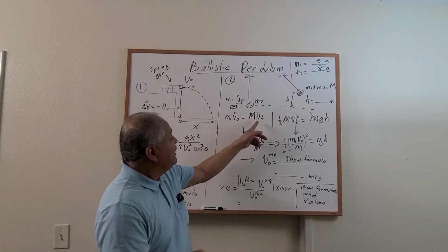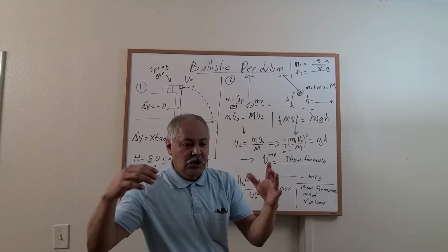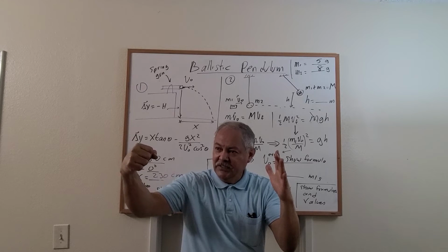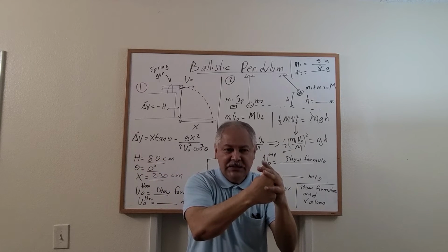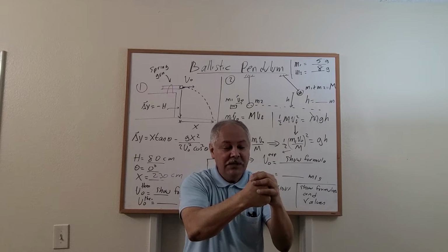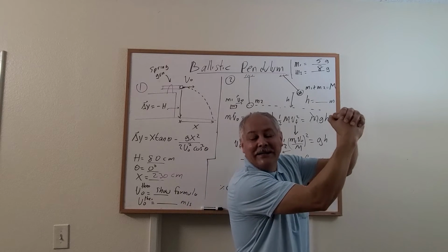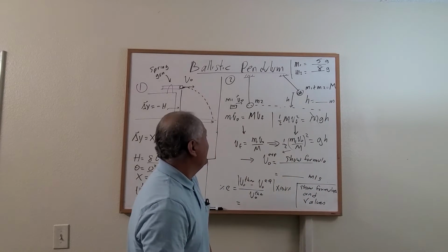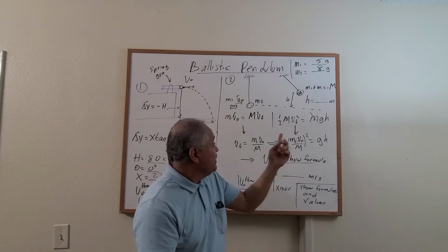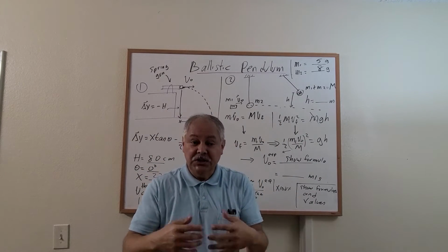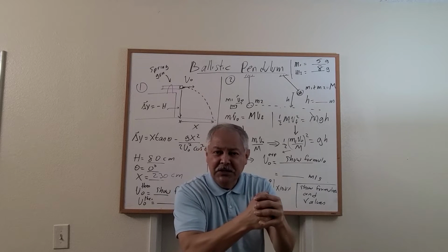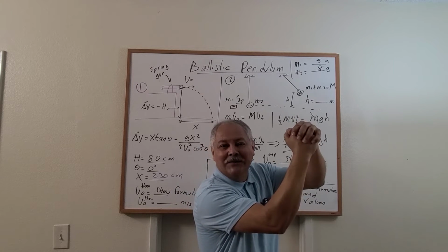This final velocity is right here, in the second part. We have a collision: the bullet hits the target, the pendulum, and then both together move as a single piece to some height. Now we have the second part, conservation of energy. At the beginning, kinetic energy is converted into potential.